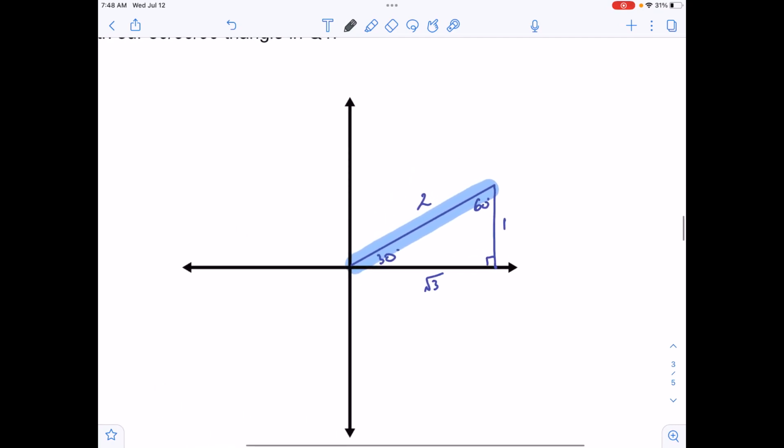So I rotate the terminal arm, and I'll do this in a different color, by 90 degrees. If I rotate it by 90 degrees, my interior angle here is the 30. This top angle here is the 60, and then I have a right angle. My hypotenuse is still 2.